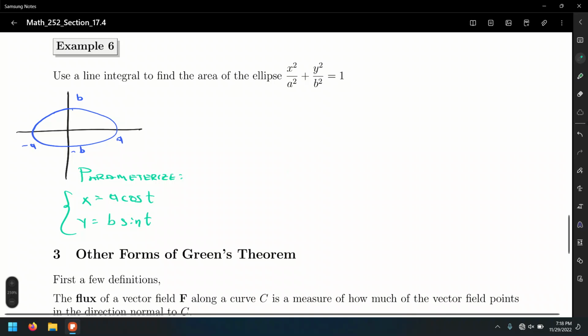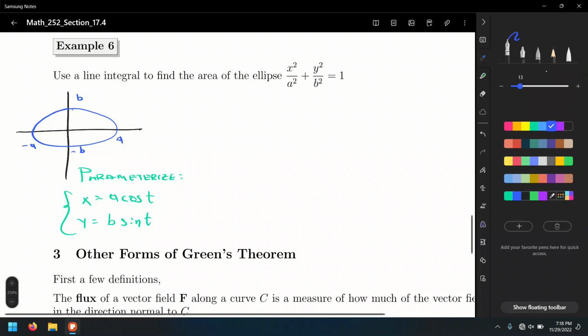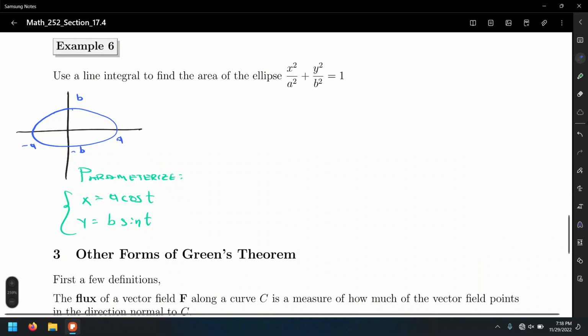Well, let's write this set of equations as a vector valued function. So r of t equals, using component form, a cosine t, comma, b sine t.